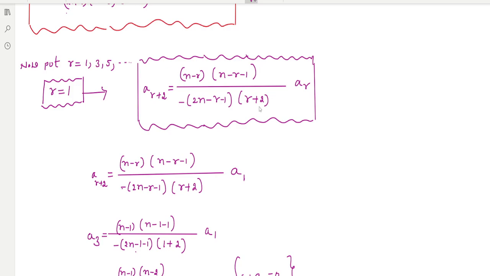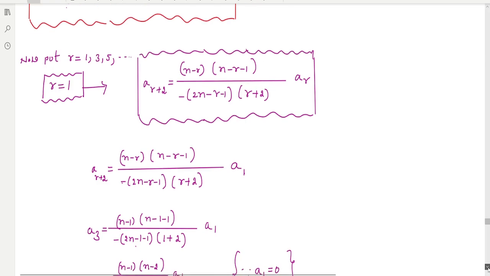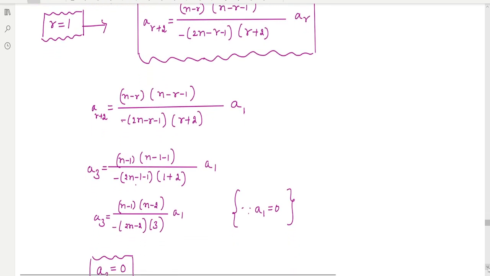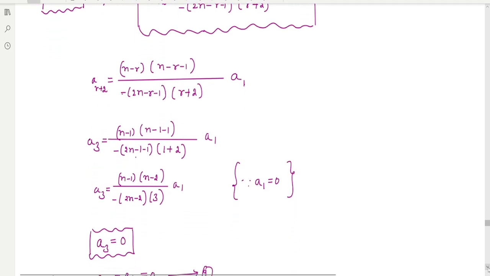This is our final equation, right? Then you will get this equation. This is our equation I got after substituting r is equal to 1, 3, 5 values.